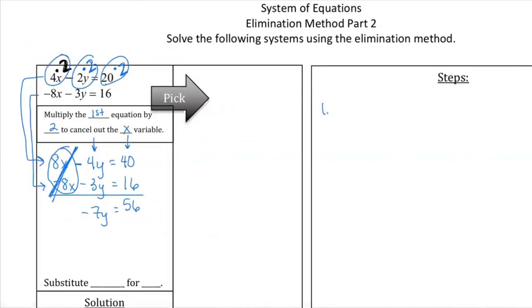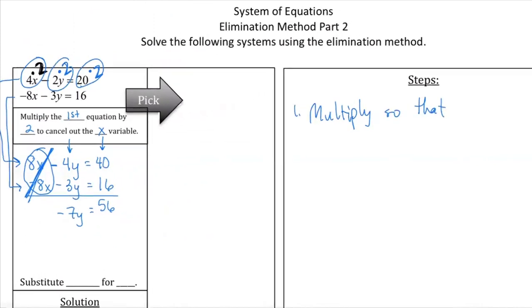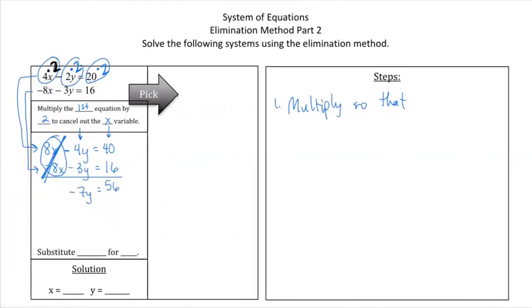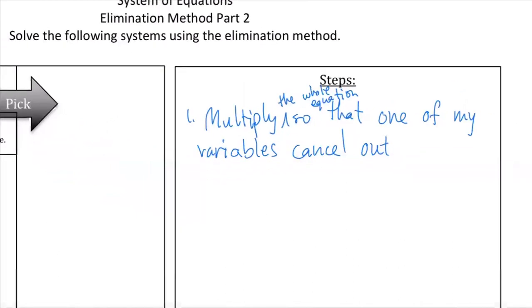So steps, first step here. Multiply the whole equation so that one of my variables cancels out.